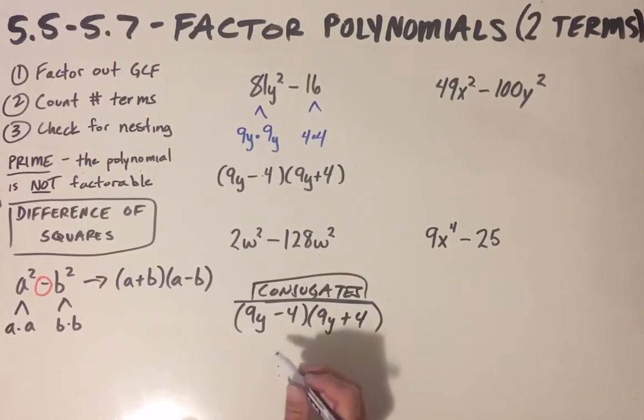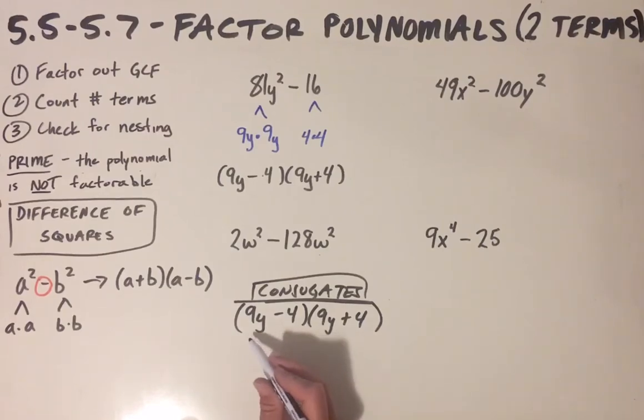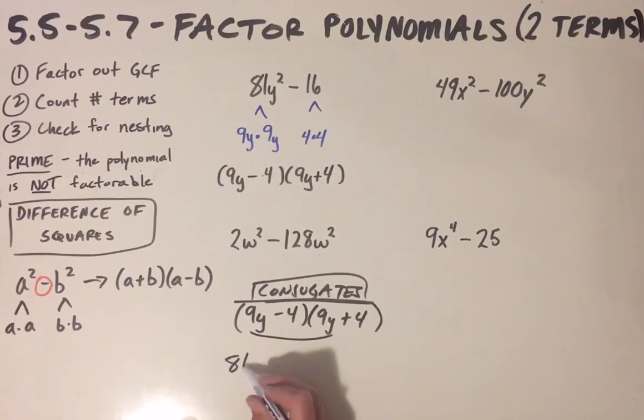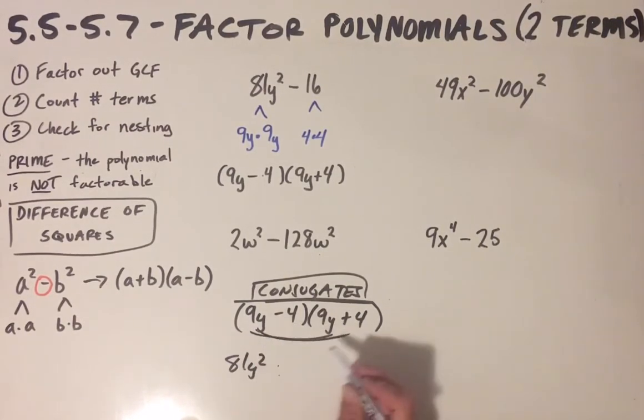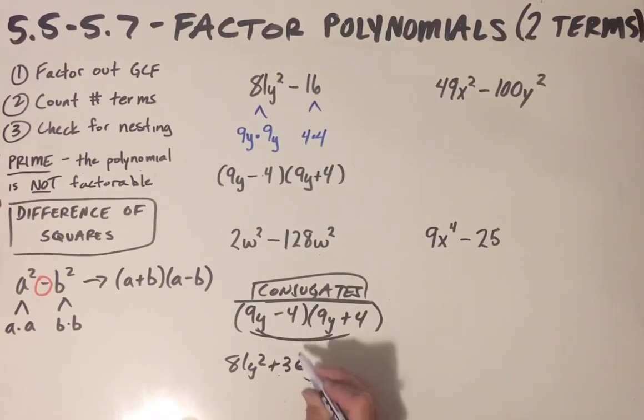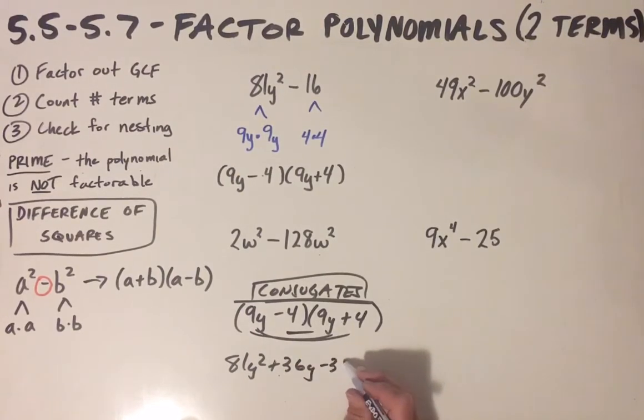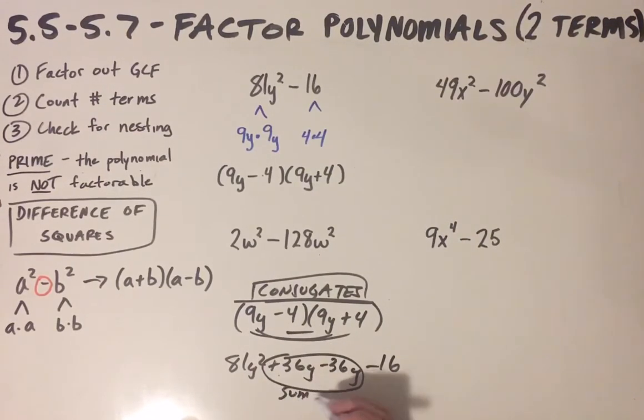Well, when you multiply conjugates, when we FOIL these, we get 81y squared plus a 36y minus a 36y minus a 16. And you can see here that these middle terms always sum to 0. And that's how you get a two-term polynomial that is a difference of squares. Okay, so that's what that one looks like.